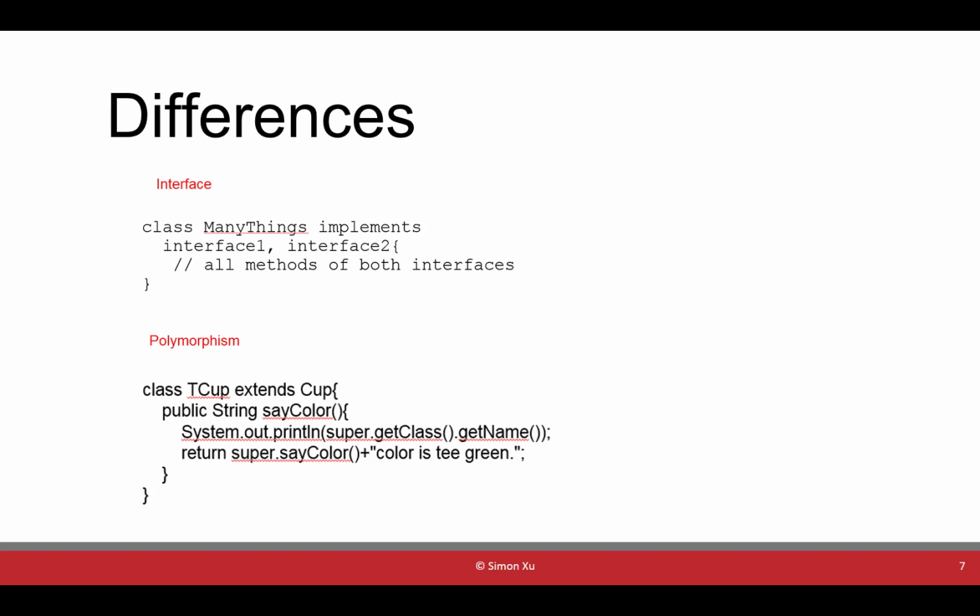All data members in an interface are public and static, but that's not true for an abstract class. An abstract class can have constructors, but an interface cannot. An abstract class can have final, non-final, static, non-static data members, but an interface can only have static, final data members.